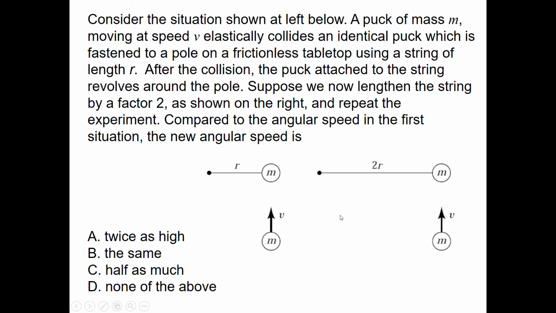It's on a frictionless tabletop. Okay, and they both collide elastically, and in this case, remember, elastic means kinetic energy is conserved. After the collision, this second puck is rotating around the pole. Suppose we lengthen the string by a factor of 2, in other words, the right one compared to the left one, and repeat the experiment.